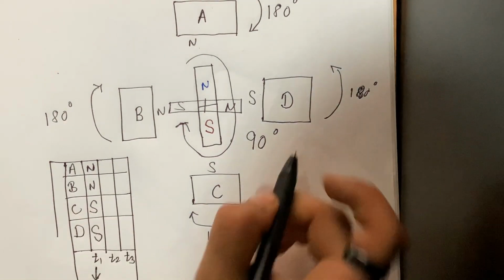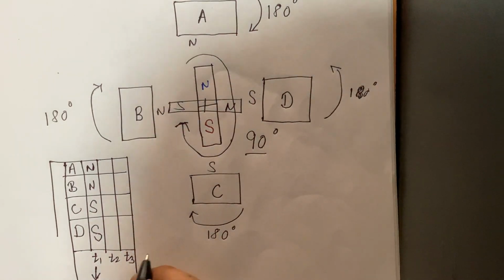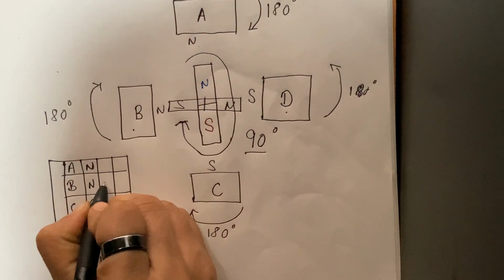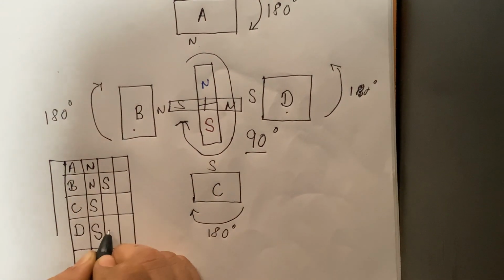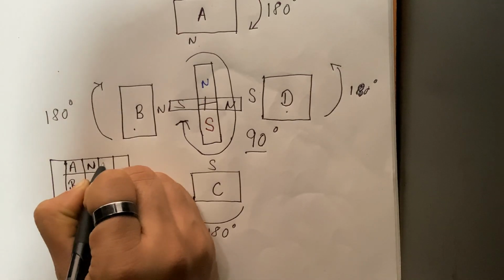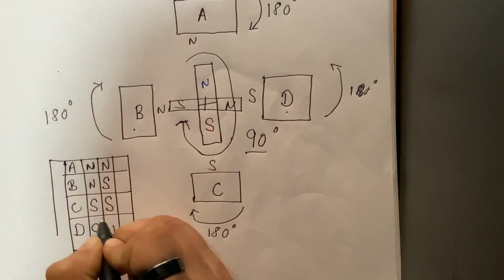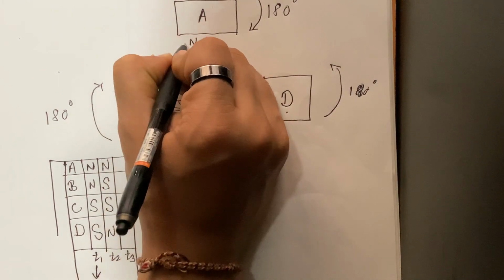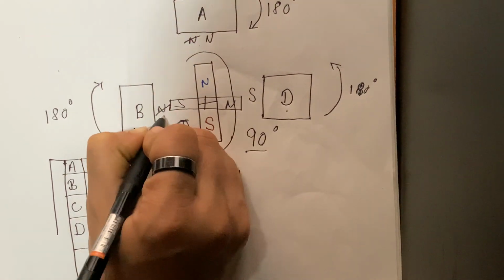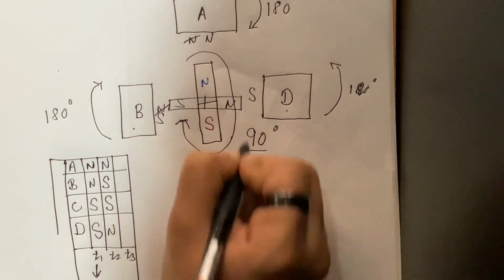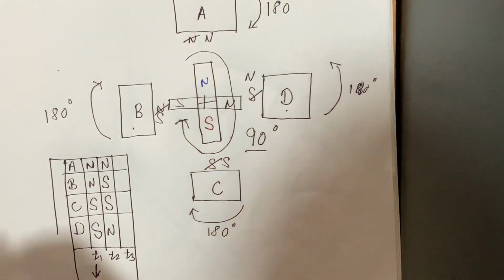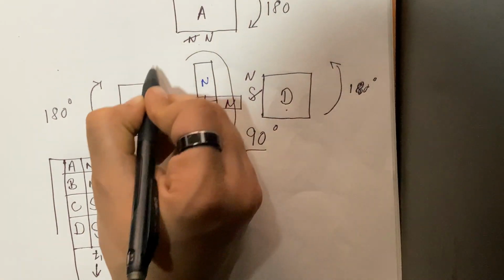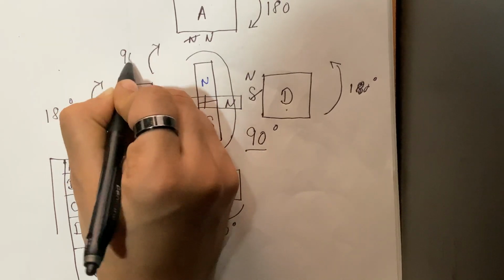Now to make it rotate again 90 degrees, we'll switch the polarity of B and D. B is north, will make it south, D is south, will make it north. A and C will remain the same. So now it is N, S, S, N. Looking at the horizontal configuration, the magnet will rotate 90 degrees again.